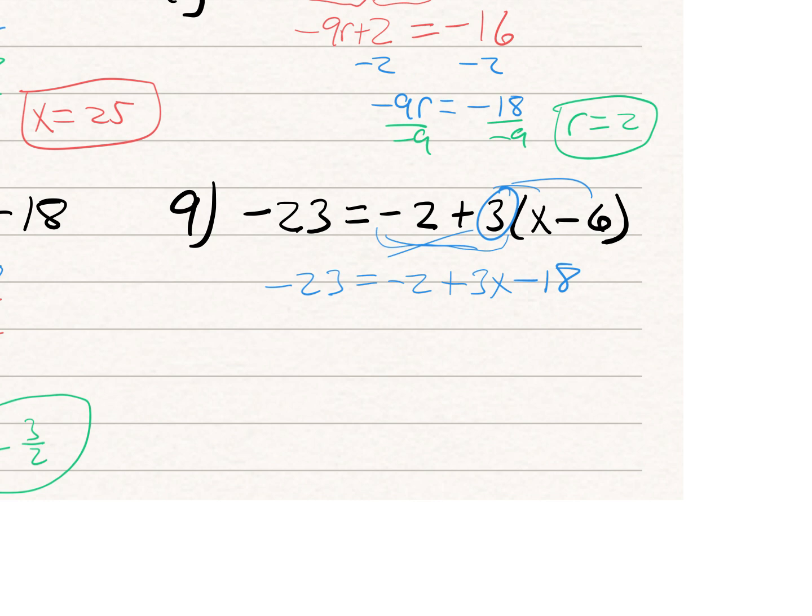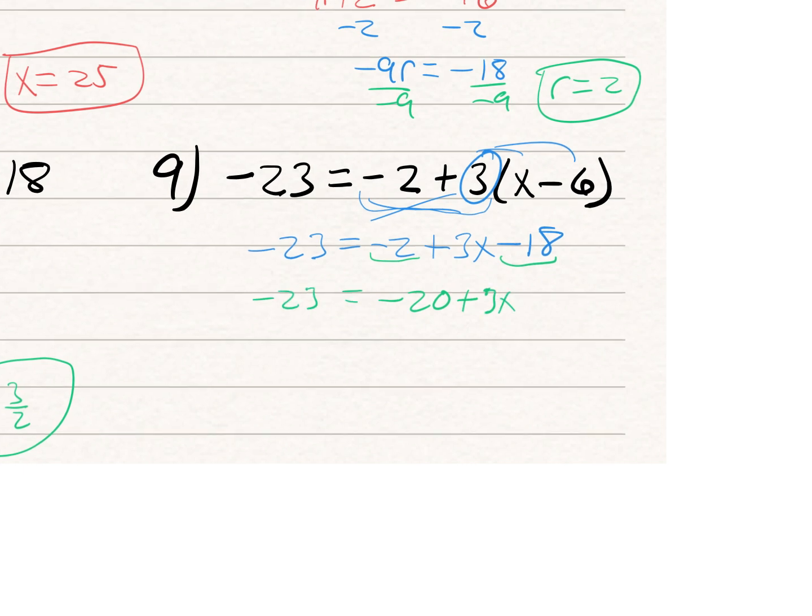And then from here, you want to combine like terms. All right, and then negative 2 minus 18, they have the same sign, so you want to add them. You get negative 20 plus 3x equals negative 23. And then you want to add 20 on both sides. And then 23 minus 20 is going to get you 3.